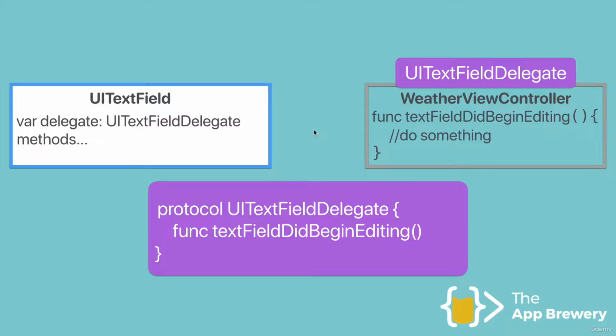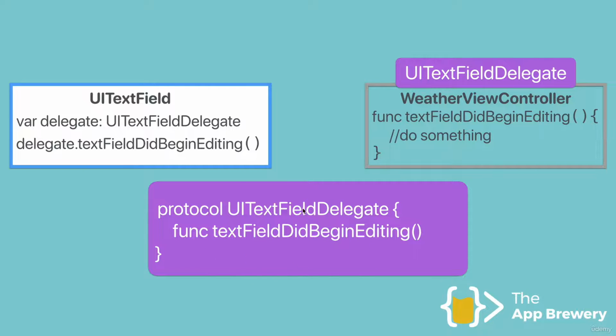And in the methods of the UI text field, it might, at some point when it detects the text field being interacted with, trigger a method called textFieldDidBeginEditing. And it can safely call this method in the delegate because it knows that in order for a class to have the type UI text field delegate, it had to adopt this protocol.